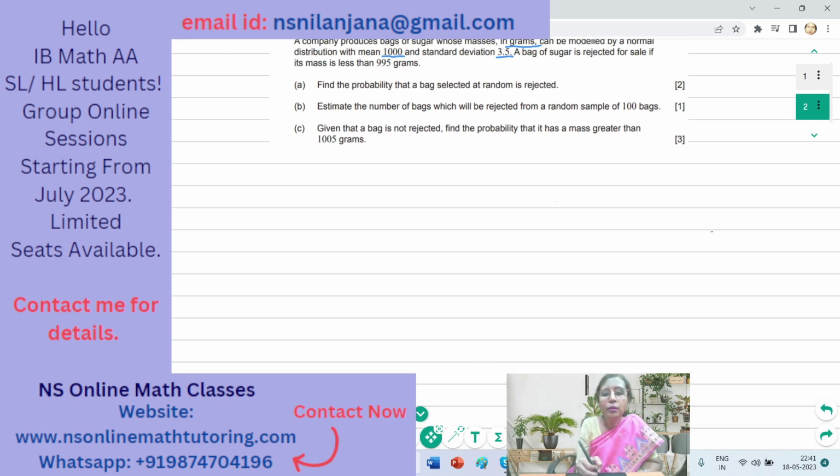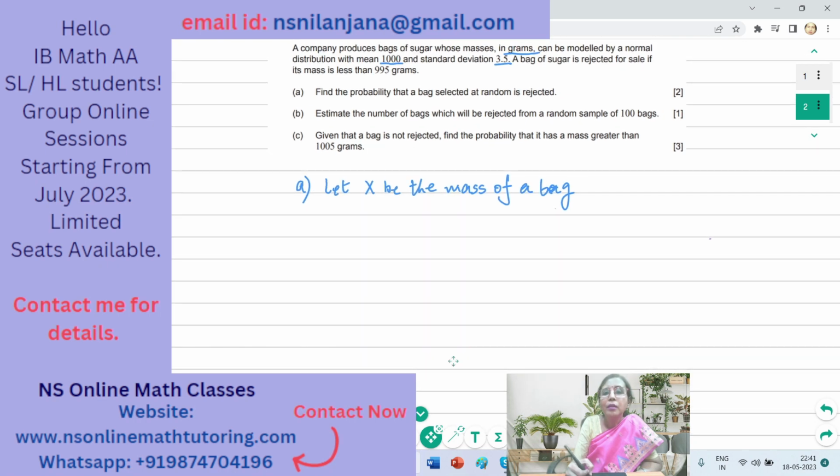Fine. So we start with part A. Let X be the mass of a bag, and this X will be a normal distribution because they have said masses can be modeled by a normal distribution.